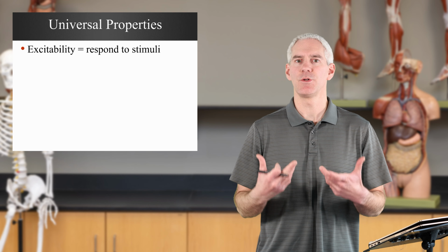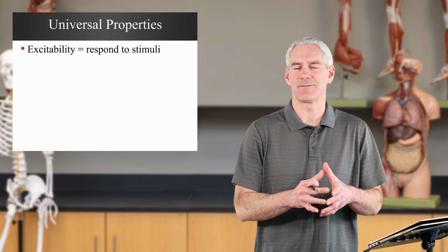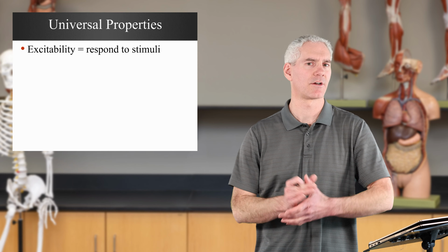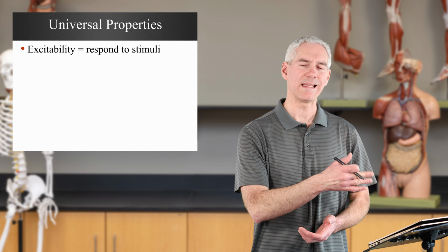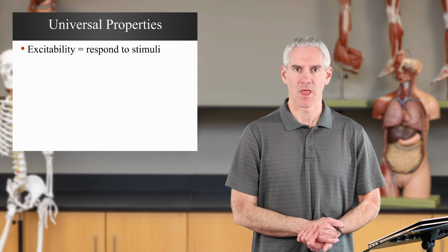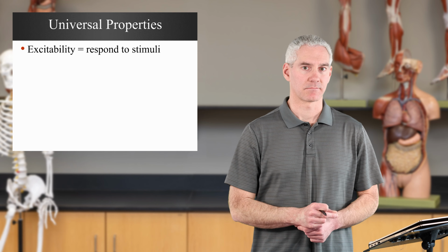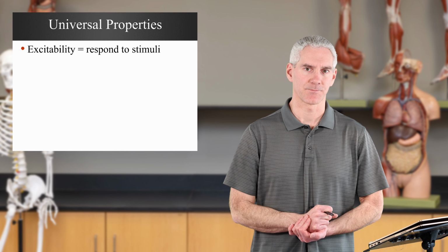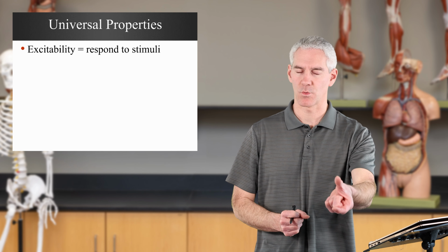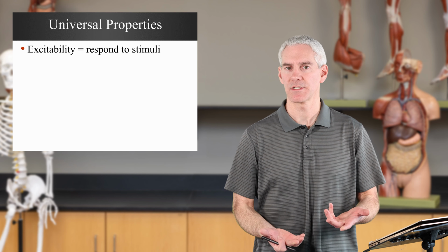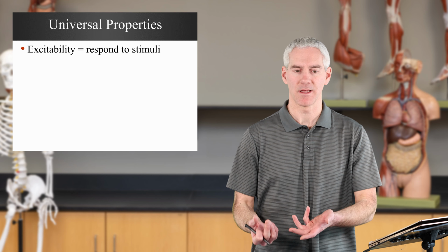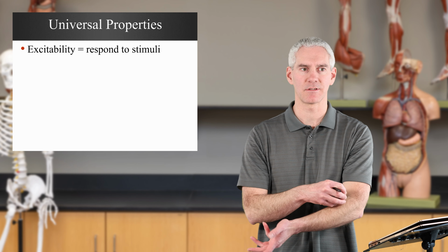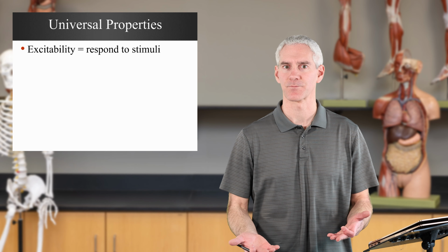So a few universal properties, things that can be kind of guaranteed across the entire nervous system. One is excitability. The parts that make up your neurons respond to stimuli, whether it be a visual stimulus, an auditory stimulus, an olfactory stimulus, a pressure sensation, pain, temperature, whatever.